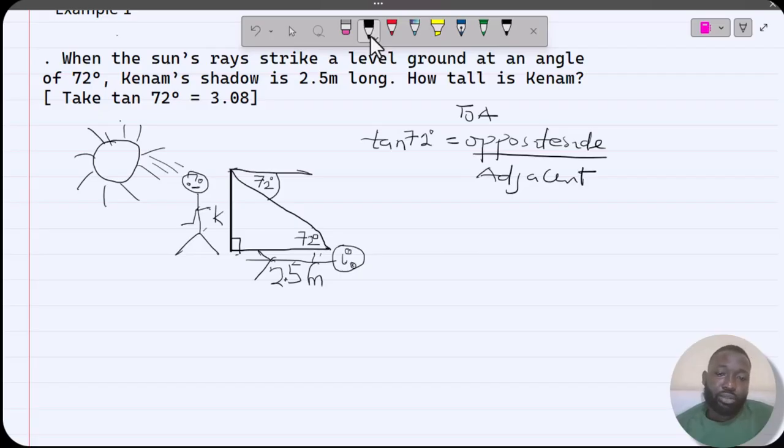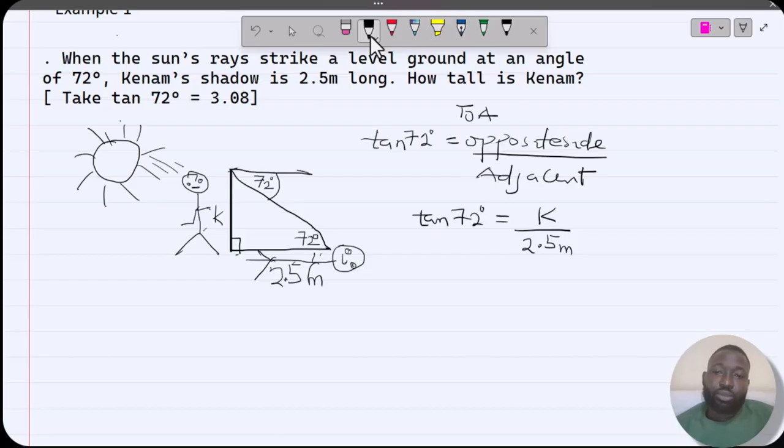Now, let's fix in what we know. The opposite side, the value we don't know, so let's put K. That's Kinam's height. The adjacent is the side that helps in the formation of the 90 degrees, the base one. So here it is the shadow, which is 2.5 m.